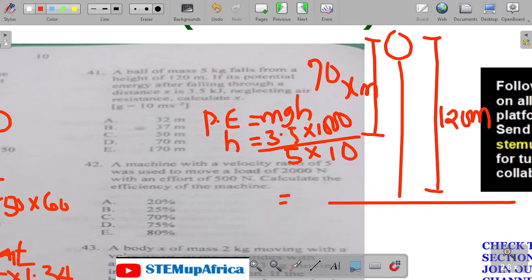It falls for 70 meters. So x is 70 meters, which is option D. 41 is D.